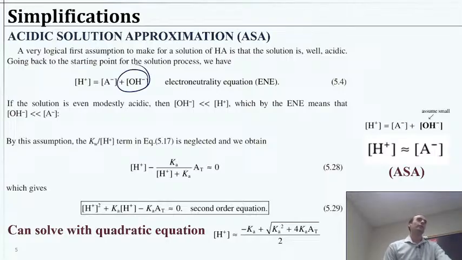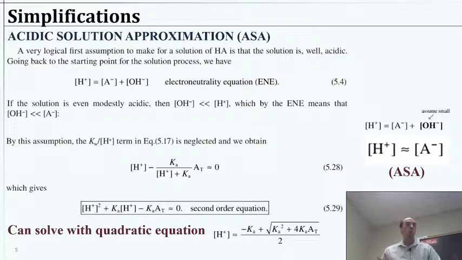Now, if it's pH like 6.8, that's not very acidic. It's a tiny bit acidic, right? So in that case, it doesn't do anything for us. But at some point, enough acidity and suddenly the OH minus really doesn't matter in some of our calculations.